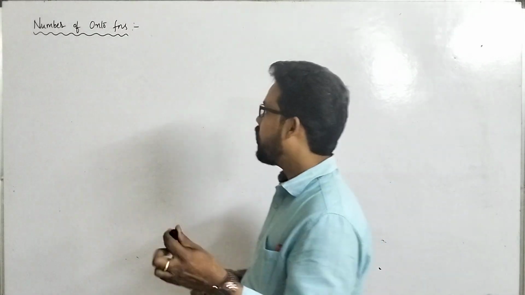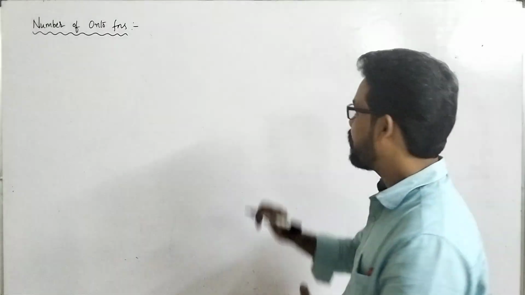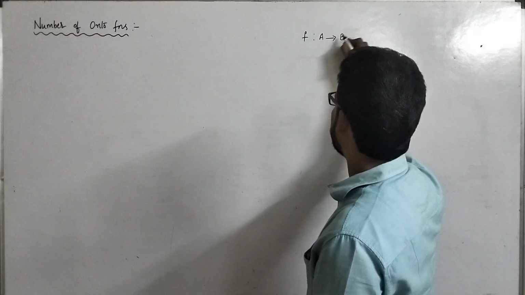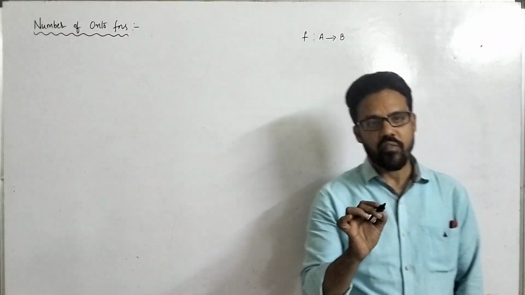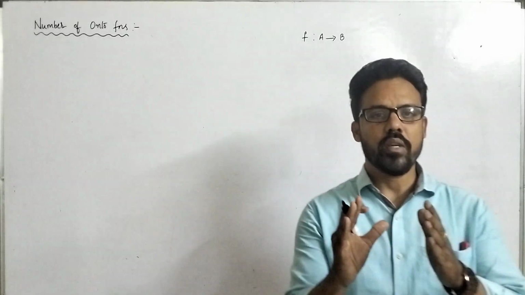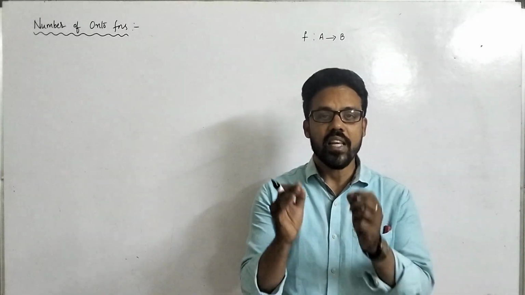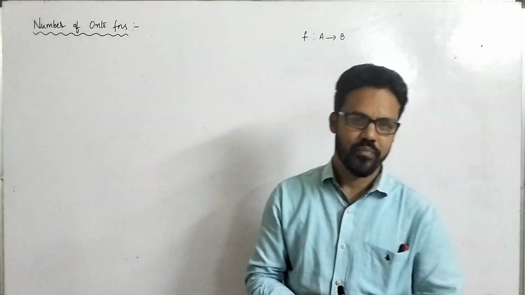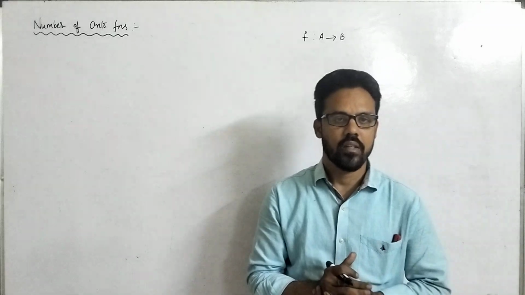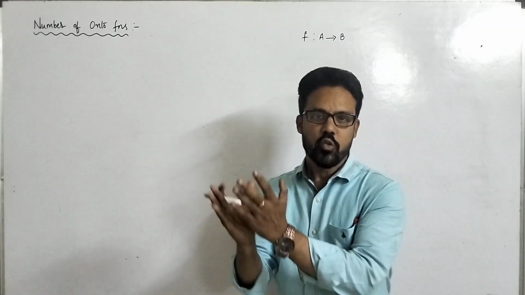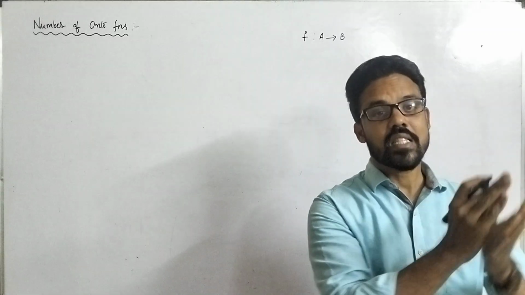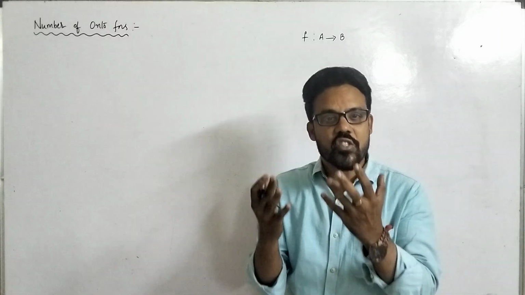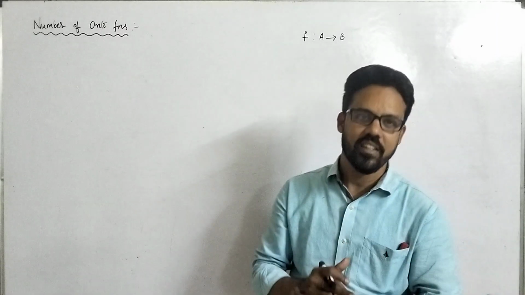Now, first of all, what is an onto function? For example, a function f mapping from A to B. Any function f mapping from A to B is said to be onto if every element of B has at least one pre-image in A. That means every element in the set B should have some correspondence with set A. In other words, the range is equal to the codomain.